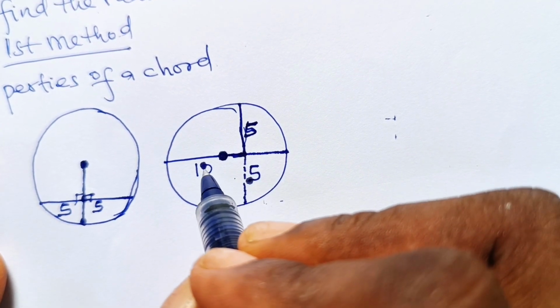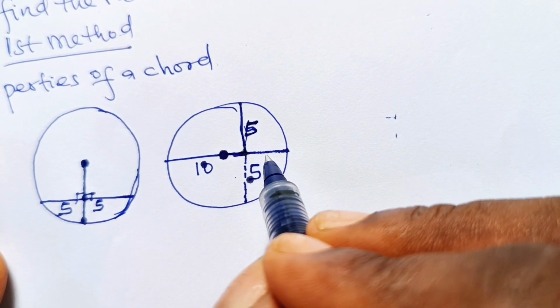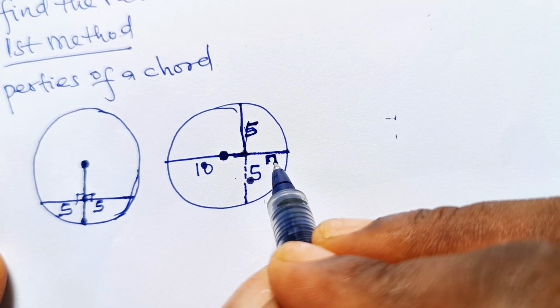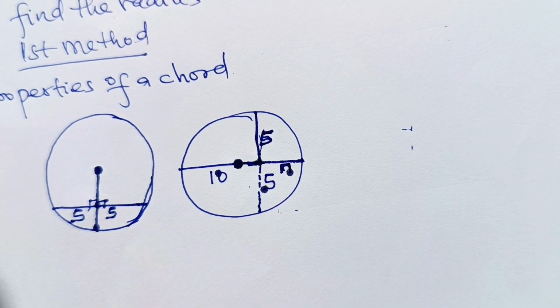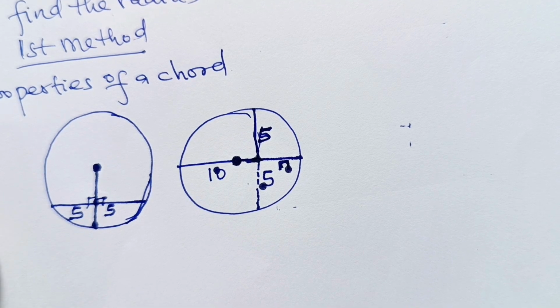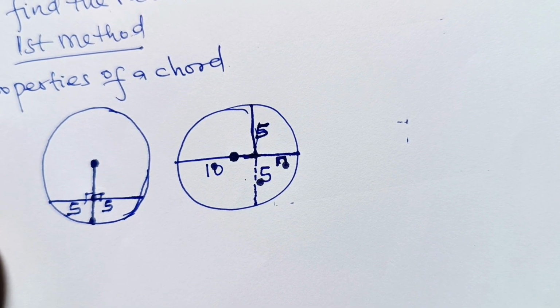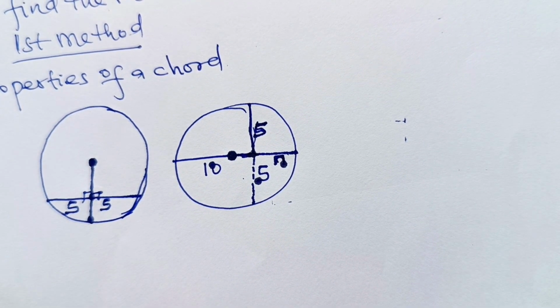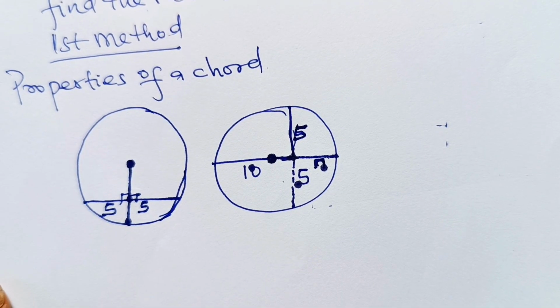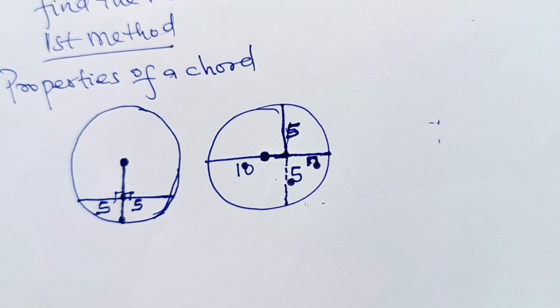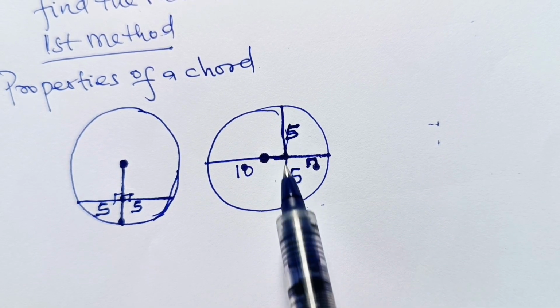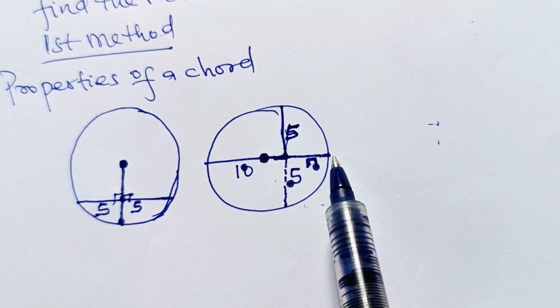Now if we call from here to here n, then we are going to recall another property of chords. This property says that if two chords intersect in a circle, then the products of the lengths of the chord segments are equal. This is a chord and this diameter is also a chord.